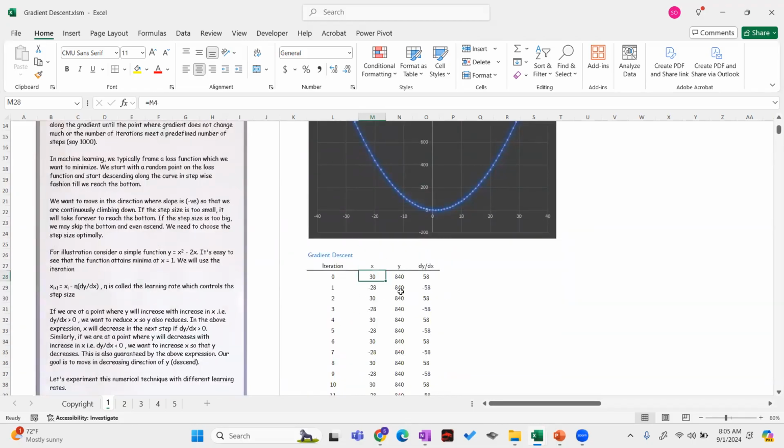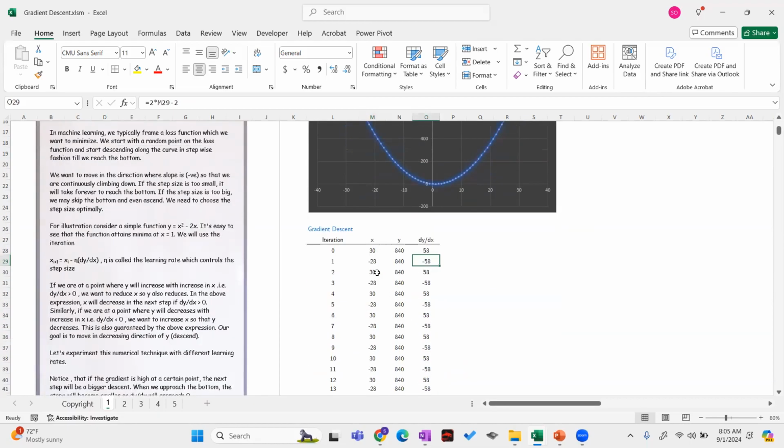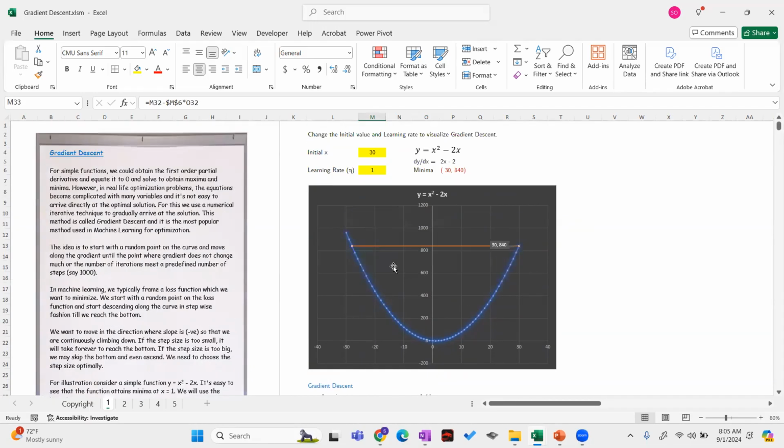So from 30, you went to minus 28. And then at minus 28, the slope is minus 58. So you came back to the original spot, 30. So you're just bouncing. Exactly. You're just bouncing left, right. You will never converge to the minima.